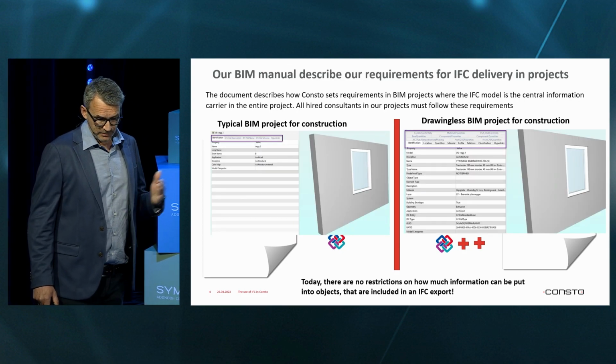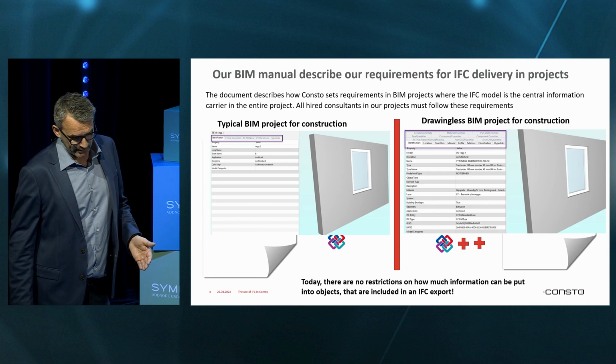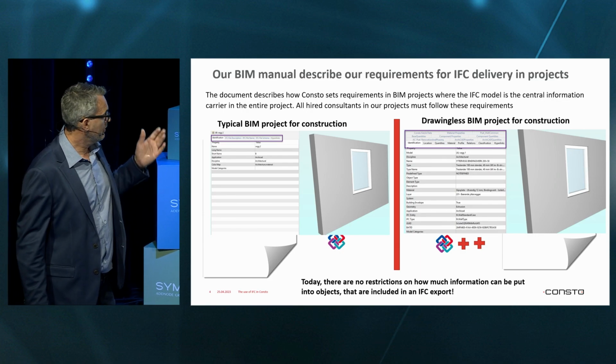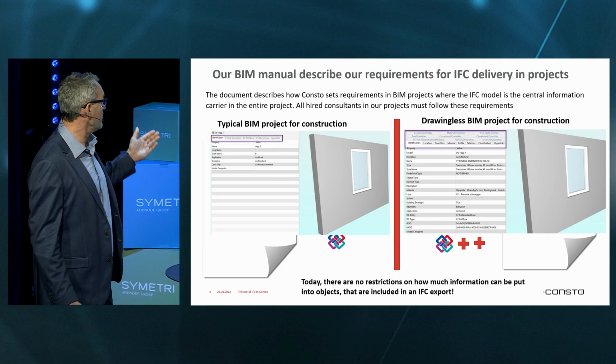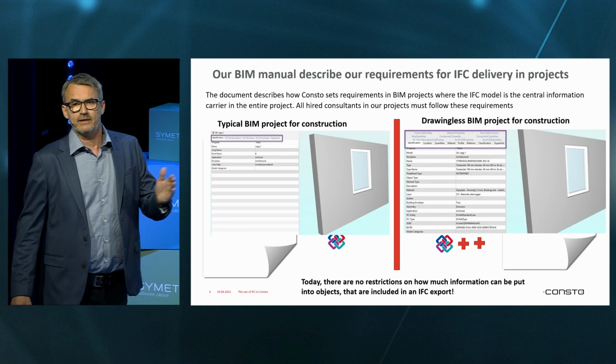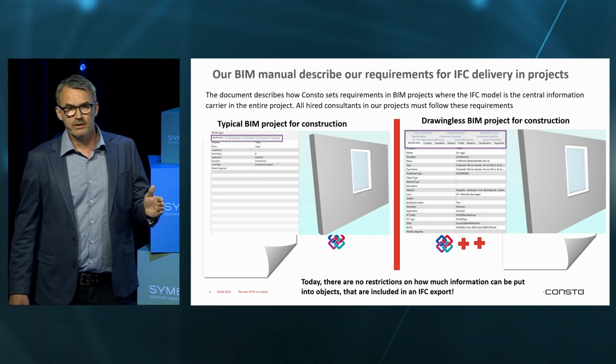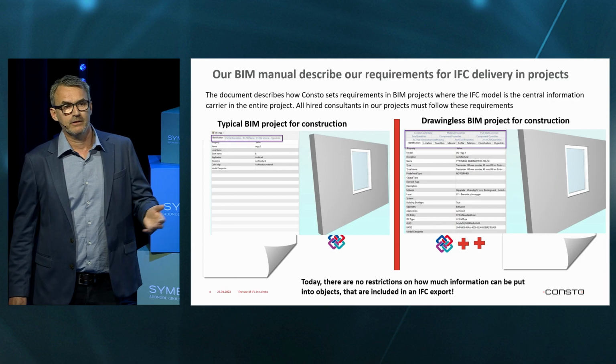As you can see here, it's the same wall. In a typical BIM project, you only get the data for the geometry and the ID, but in a drawingless BIM project, you get all the data. You can produce the wall by clicking on the model, and you get all the data directly from the model.